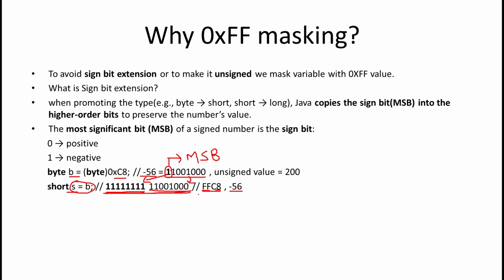So that is the reason we are getting the value FFC8 for the short variable, because here it is getting sign bit extension during promotion of the data type.